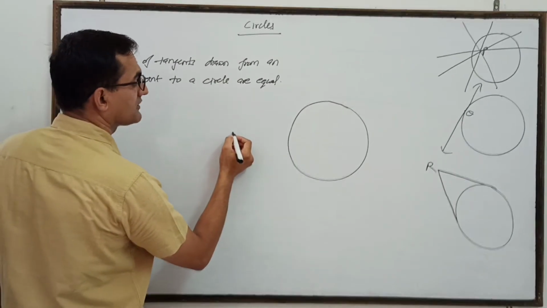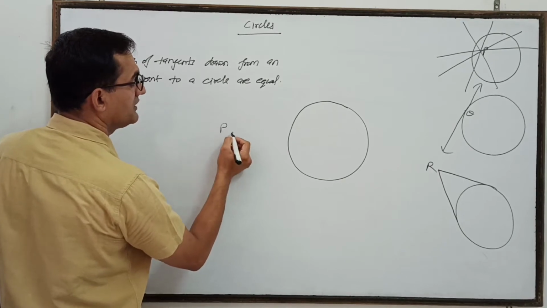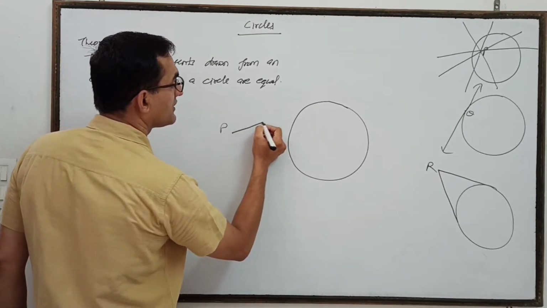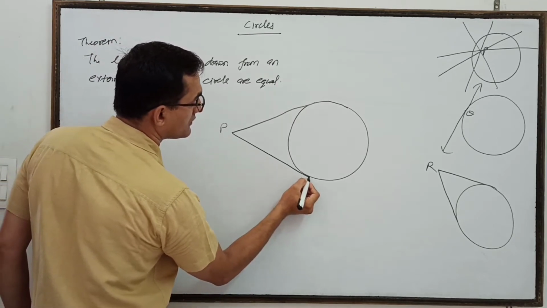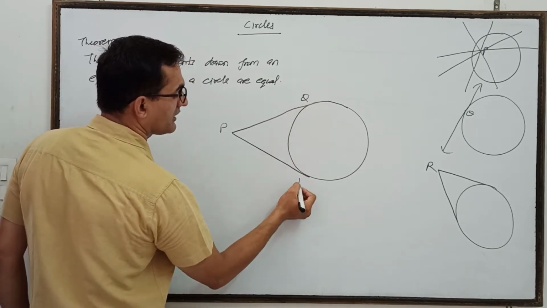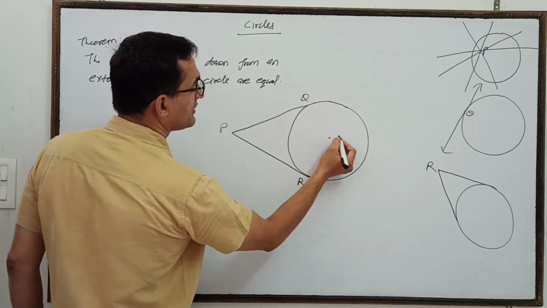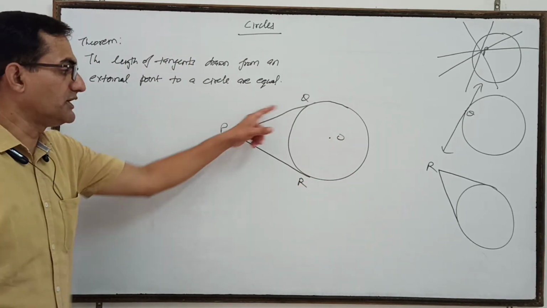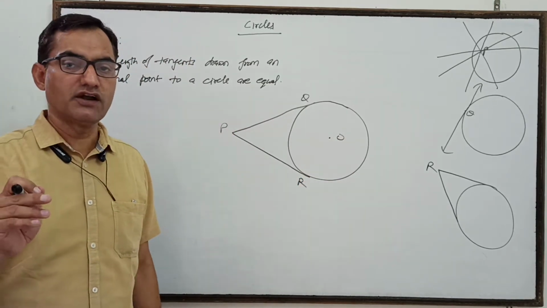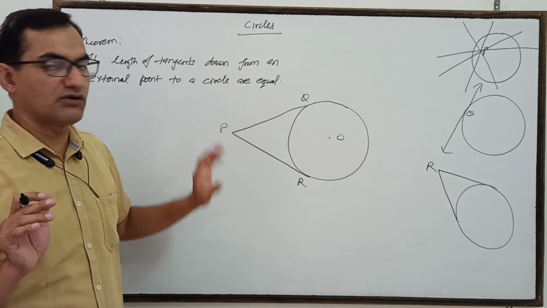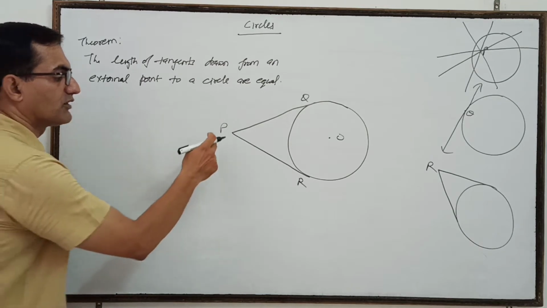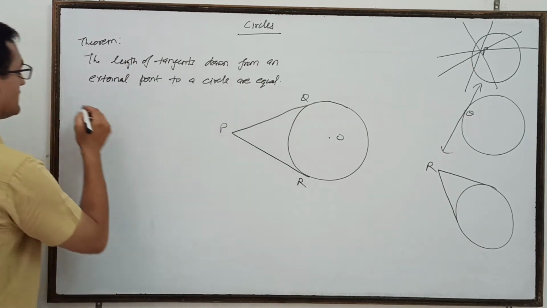Let this be the point P, and these are Q and R, and this is the center of the circle. PQ and PR are the two tangents. We have to prove that PQ is equal to PR. Okay?